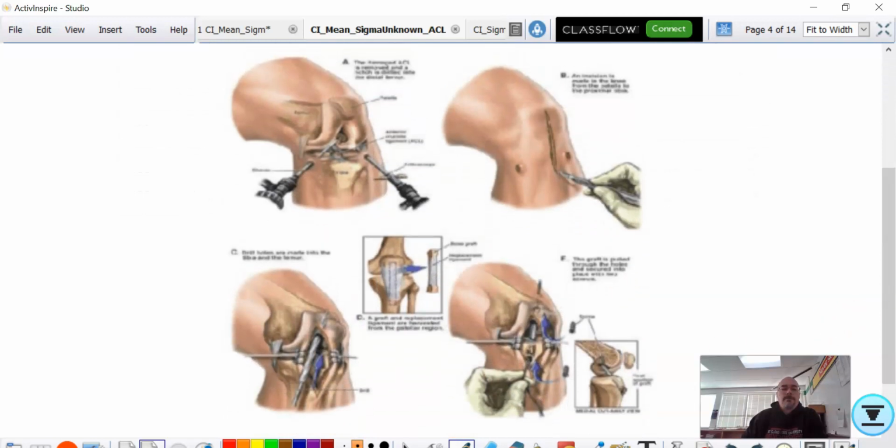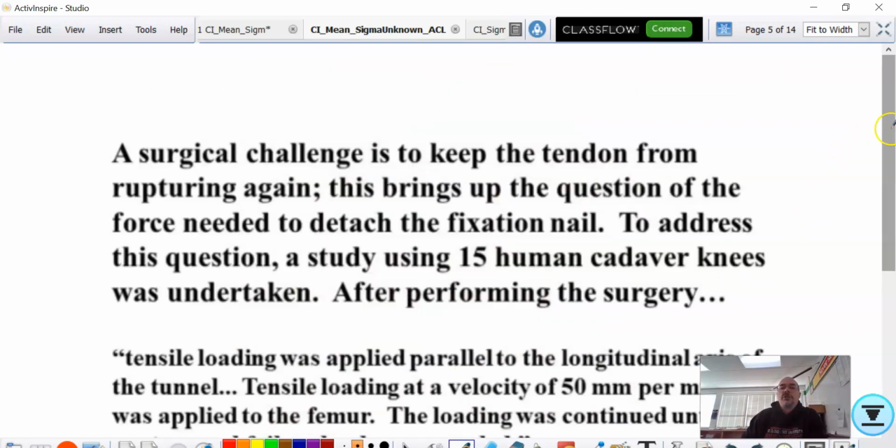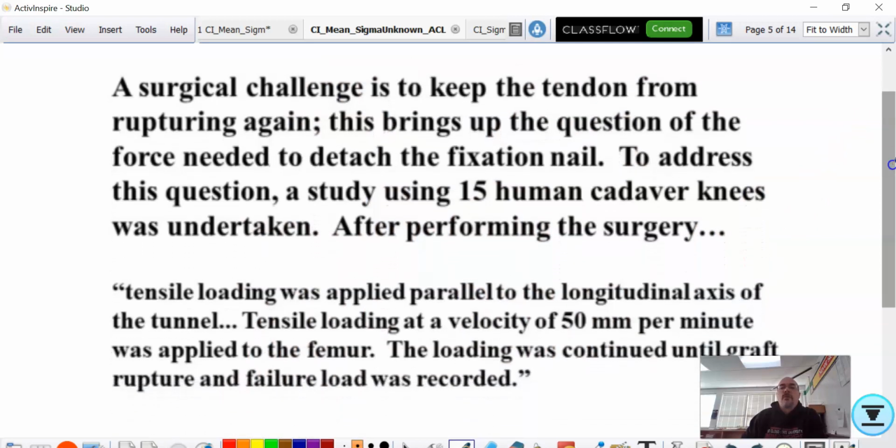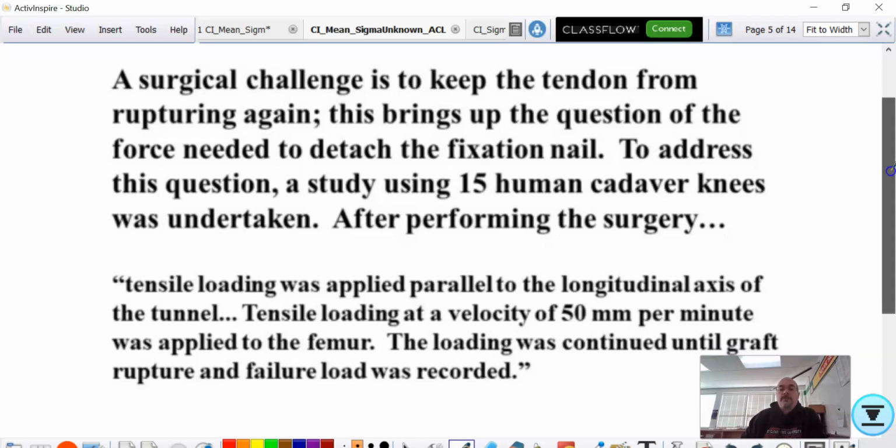Okay, there you go. A surgical challenge is to keep the tendon from rupturing again. This brings up the question of force needed to detach the fixation nail. To address this question, a study using 15 human cadaver knees was undertaken after performing the surgery.